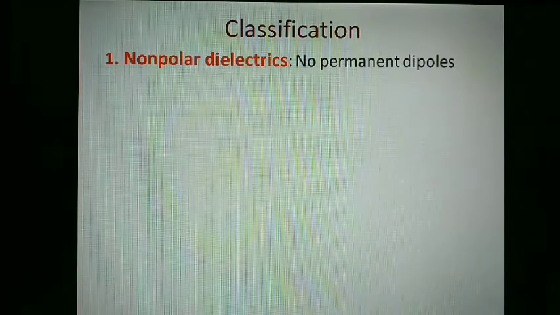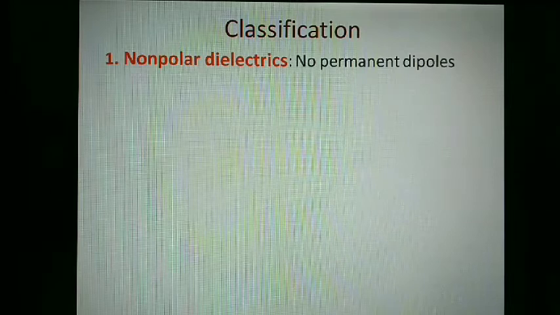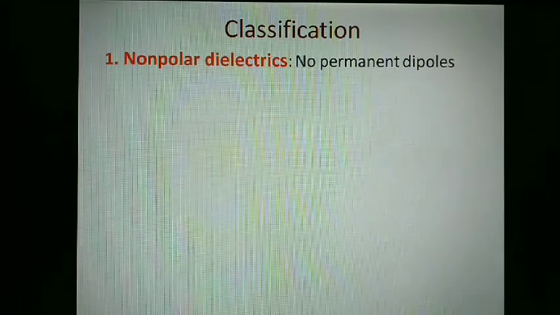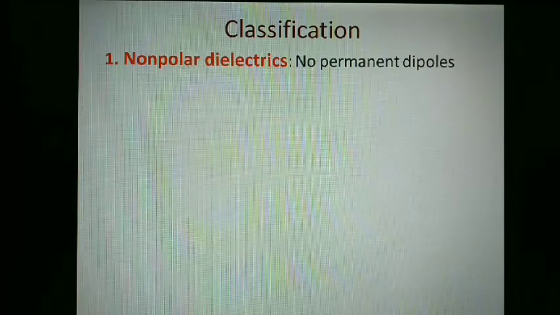In the non-polar dielectric materials, permanent dipoles do not exist. The materials in general comprise usually the diatomic molecules. That means they are composed of two atoms of the same type.